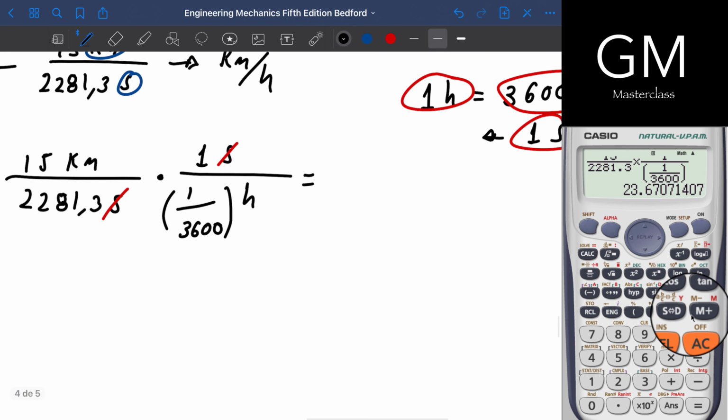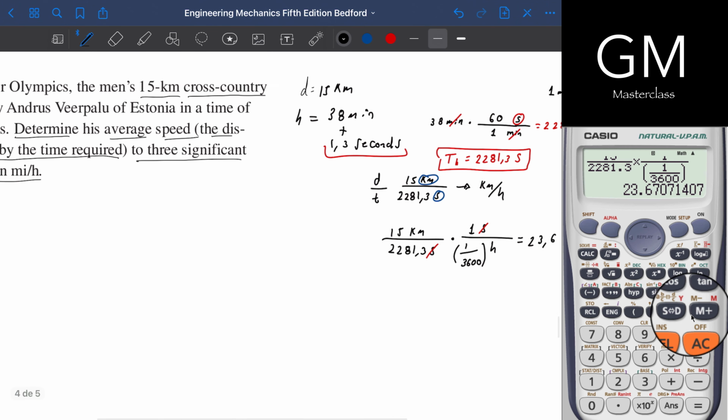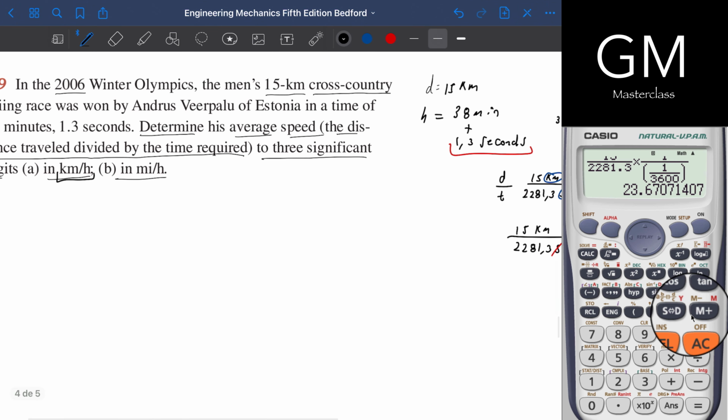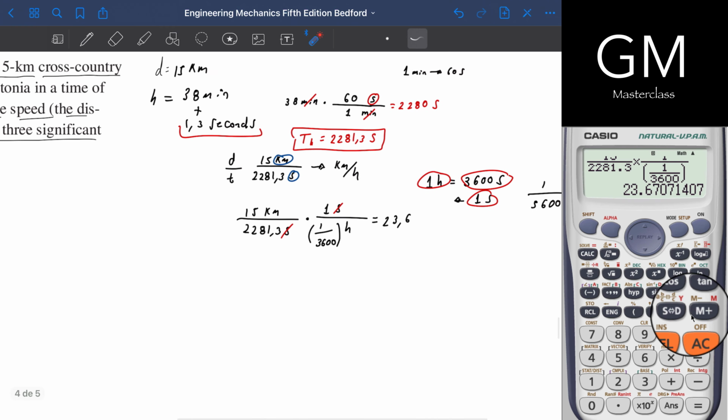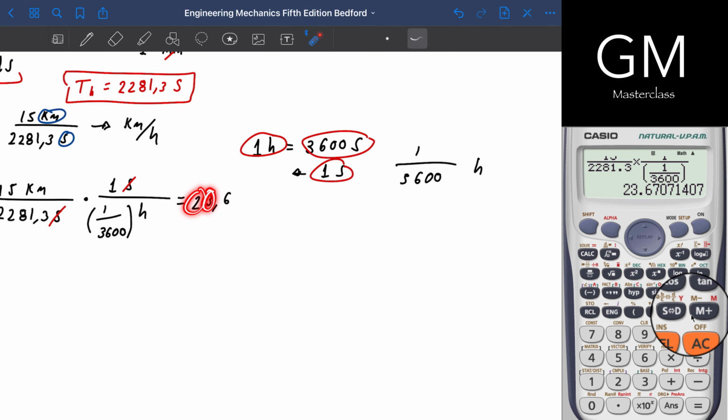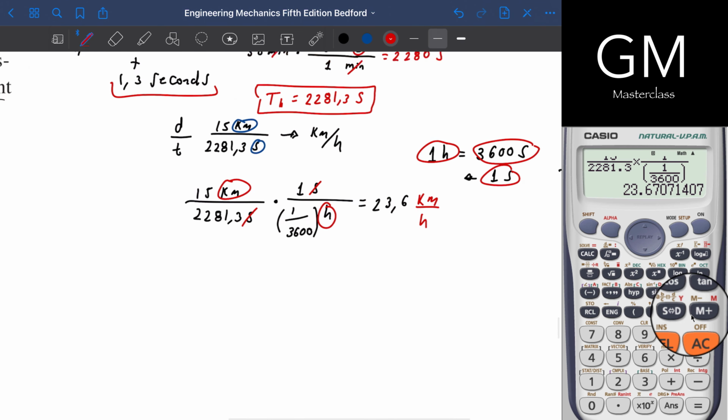So the result is 23.6. Why is that? Because the exercise told us that we have to use just 3 significant digits. So 1, 2, 3. And the units of this is kilometers per hour because of this.